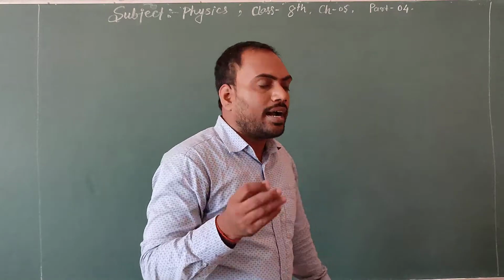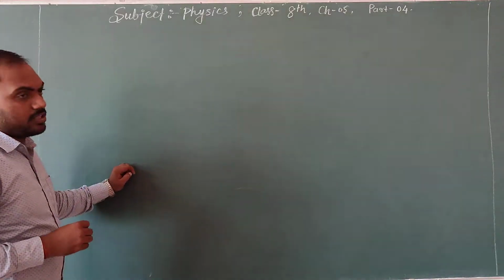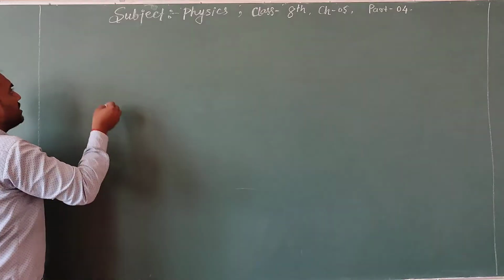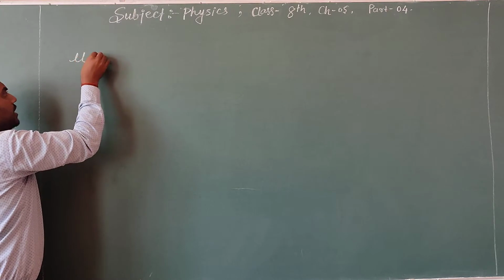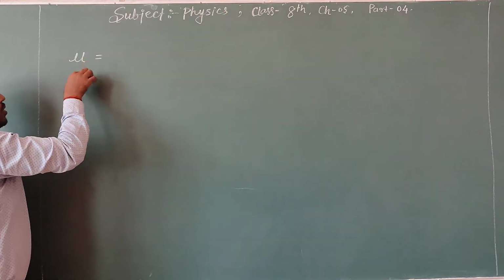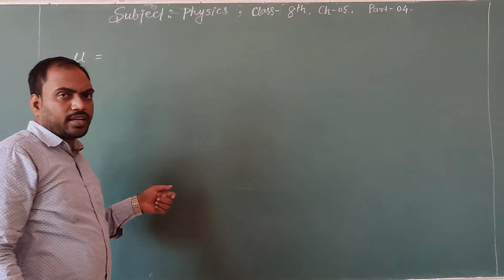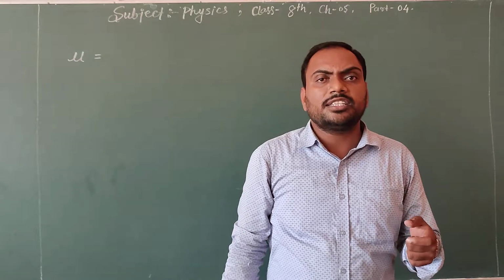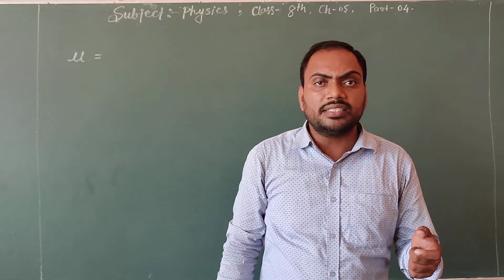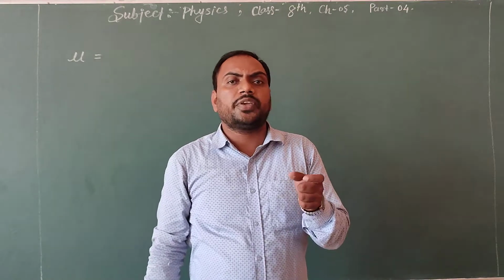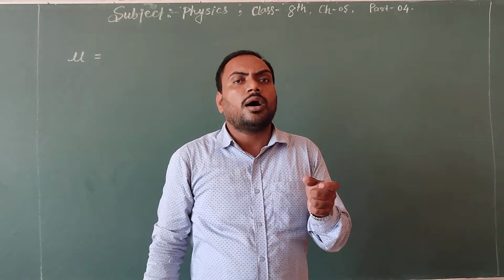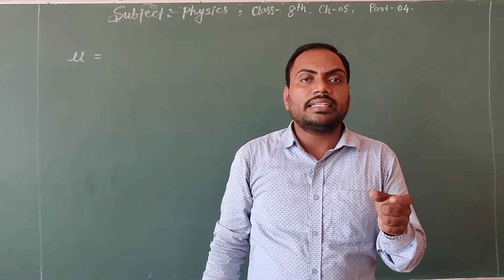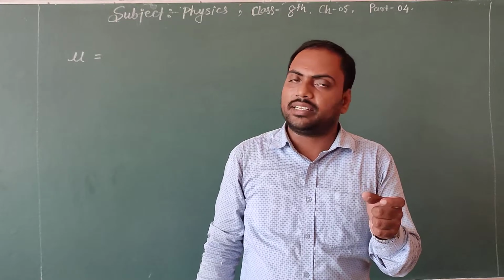Okay, so dear, understand it. First of all, we have to understand refractive index. As we know, refractive index is represented by mu. And what does this mu mean? The speed of light in a vacuum divided by the speed of light in any medium, the ratio of speed of light in vacuum upon the speed of light in any medium, is called the absolute refractive index.